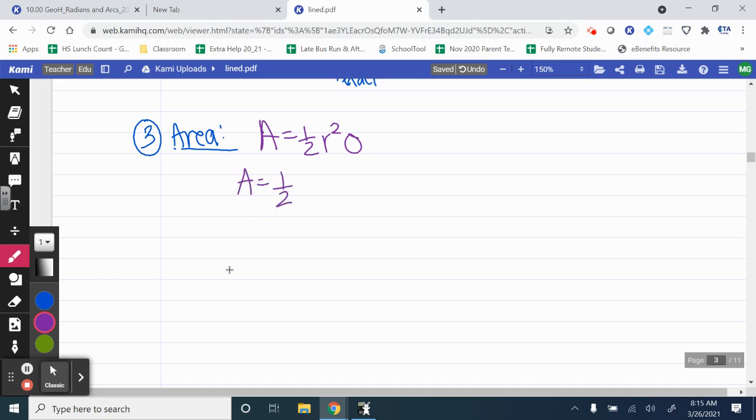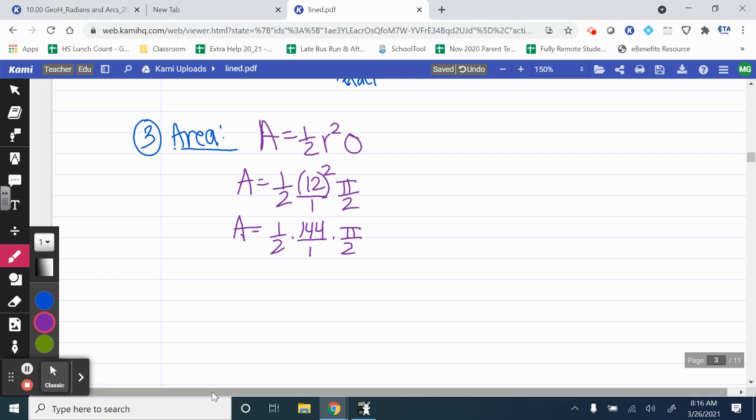So we've got 12 squared for our radius, and theta is going to be pi over 2. Again, if you want to put that 12 squared over 1, you can. So here I've got 1/2 times 144 over 1 times pi over 2.